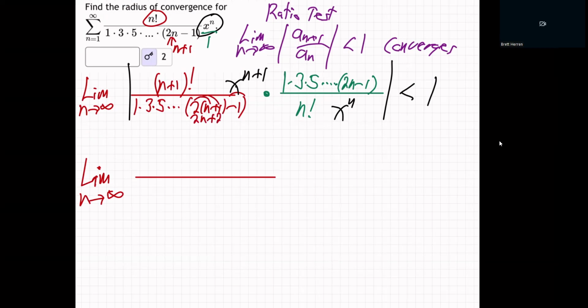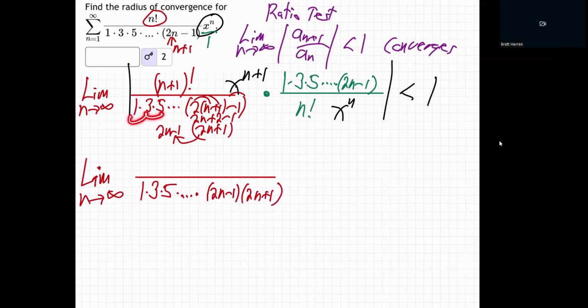This is 2n plus 2 minus 1, which is 2n plus 1. So it's going all the way to 2n plus 1. So this is 1, 3, 5, and so on. And what's right before 2n plus 1? 2n minus 1. How do I know that? Because it's going up by 2 every time. So if you subtract 2, 2n plus 1 minus 2 is 2n minus 1.